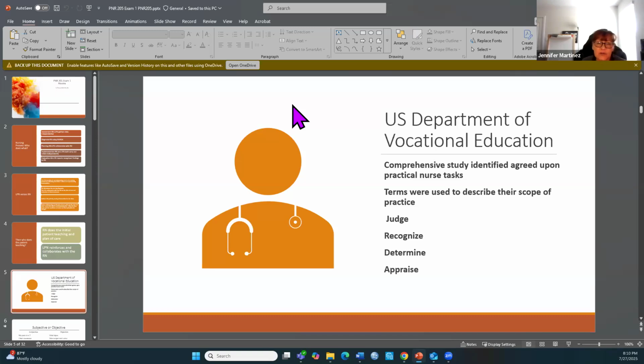Very similar to what the nursing process is, just different terms. Those were the terms the U.S. Department of Vocational Education used to describe the scope of practice for practical nurses.